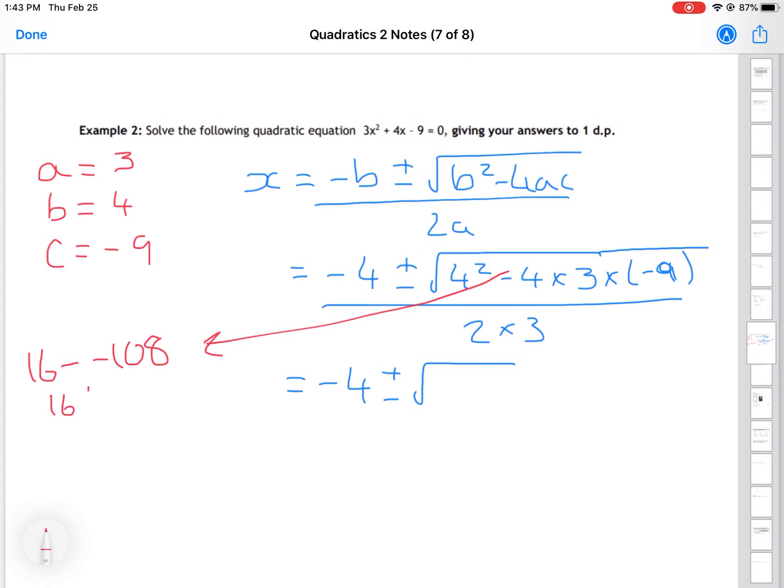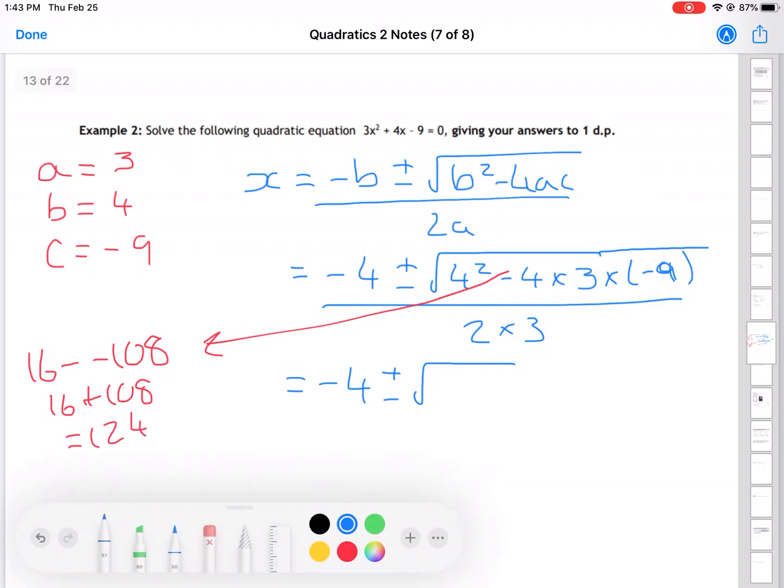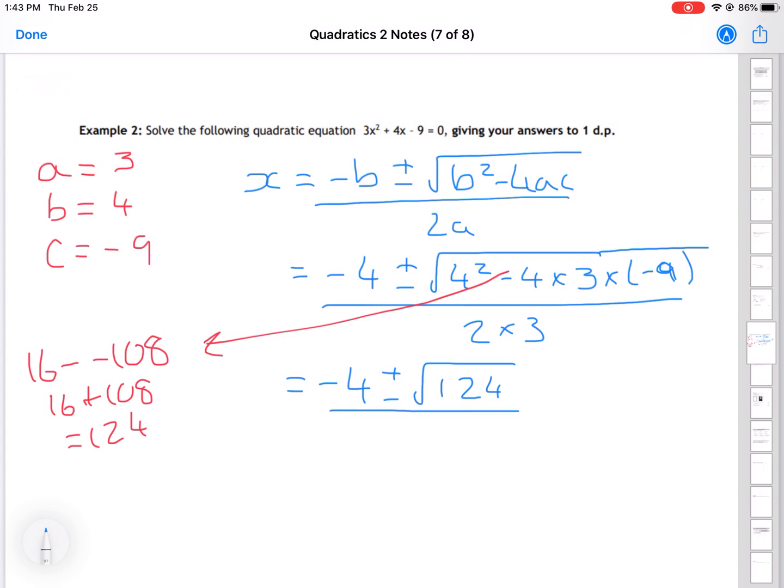That means it's 16 plus 108, which is 124. So actually underneath the square root is 124 all over 2 times 3, which is 6. So as I said, the calculations here, like knowing to use the formula, etc., isn't the hard bit. It's the actual rearranging, substituting in, making it into a form that you can put in the calculator.